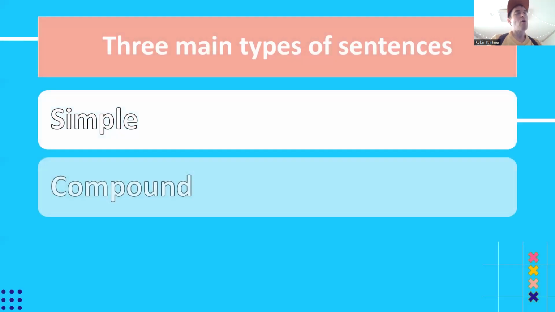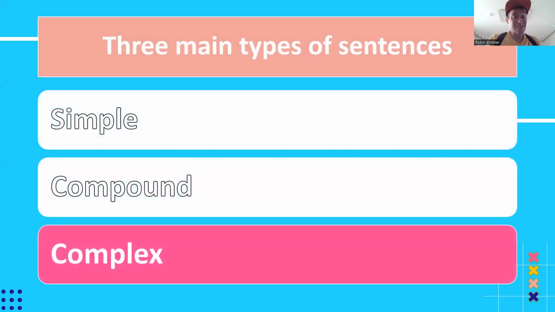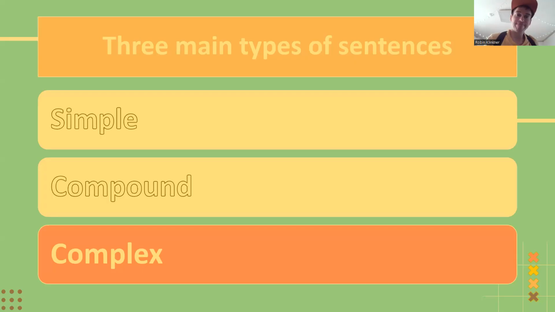Now, what is a complex sentence? So simple means basic, complex means advanced. So how or why are complex sentences advanced? Do you remember we talked about different types of clauses? We said independent clauses and dependent clauses. Independent clause is a complete thought. Dependent clause is an incomplete thought.